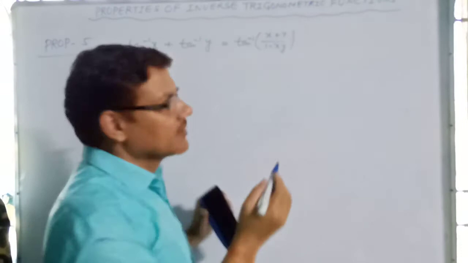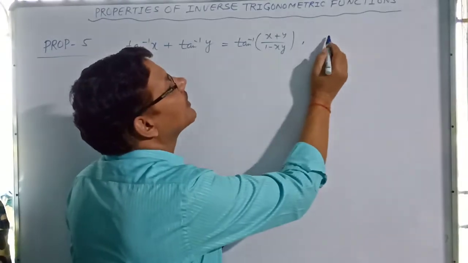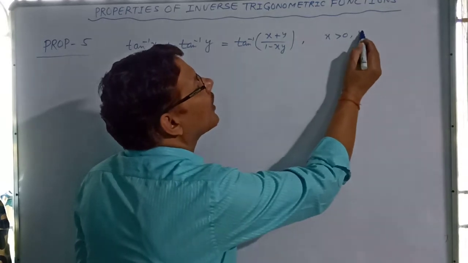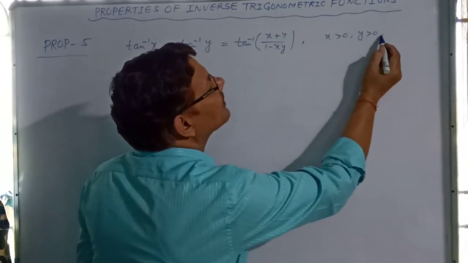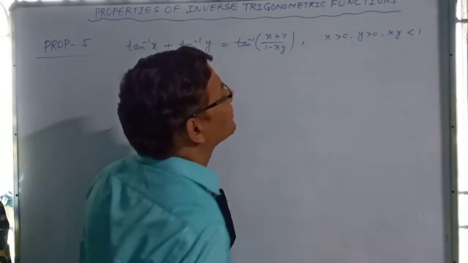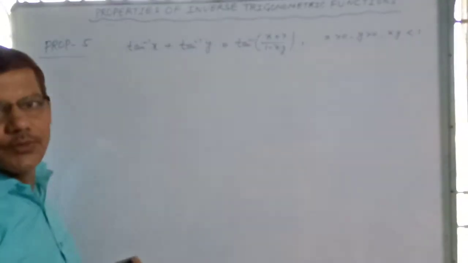The most important thing is the restriction: if x is greater than 0, y is also greater than 0, and xy is less than 1. So we are required to follow this.